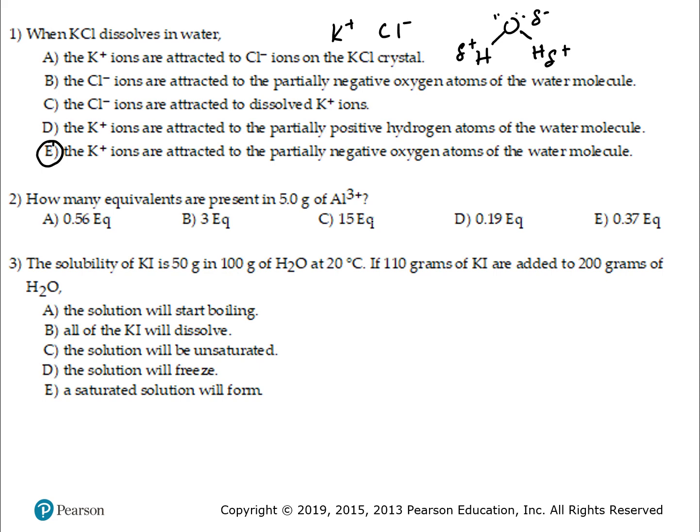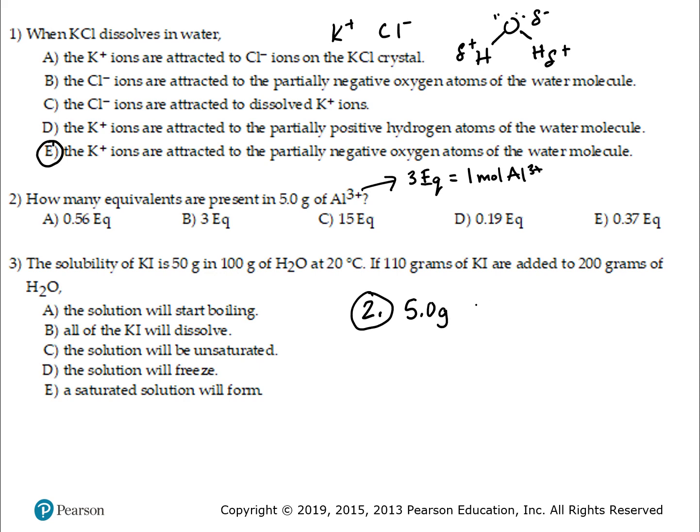What about number 2? Did anyone get to number 2? Or do we need a refresher on that one? Okay. So for number 2, you have to remember that for the charge, so aluminum, the ion is 3+. That means that you make 3 equivalents for every 1 mole of aluminum ions.